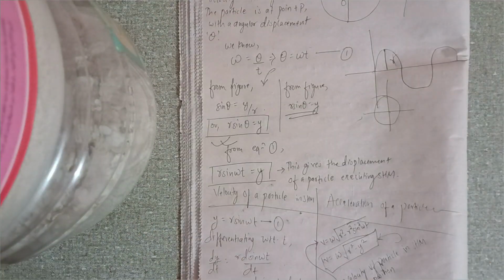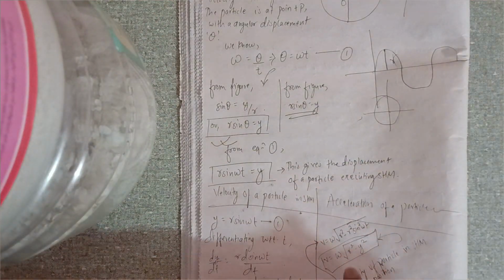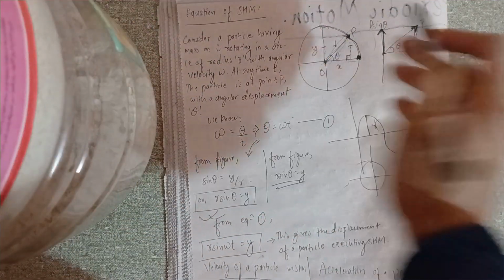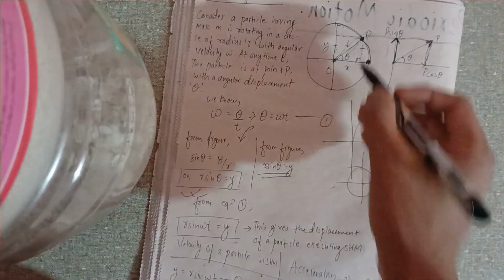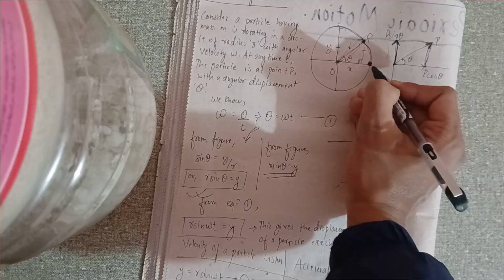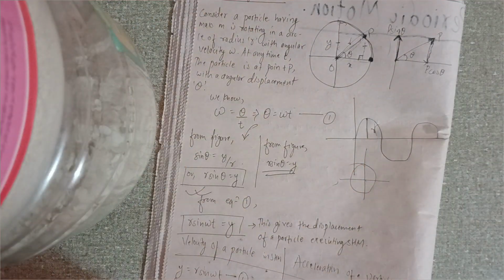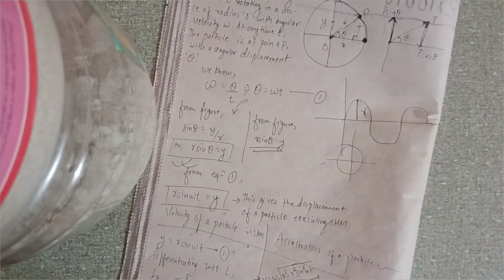While the particle goes from here and comes back here, at the mean position the value of y is 0. In the extreme position, the value of y will be maximum, or the value of y will just be y. So there are two cases.